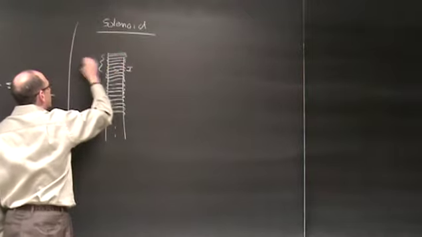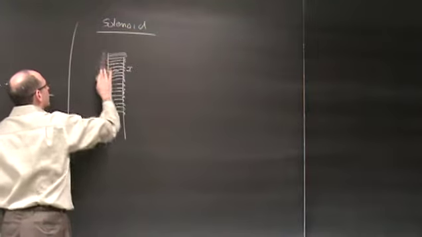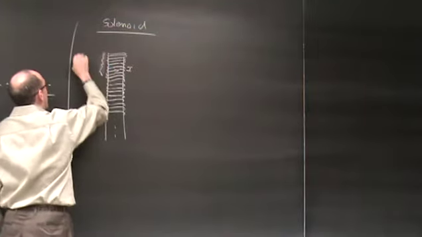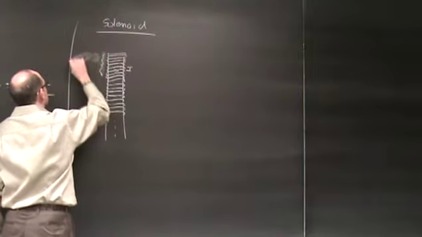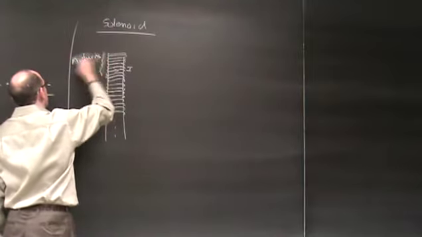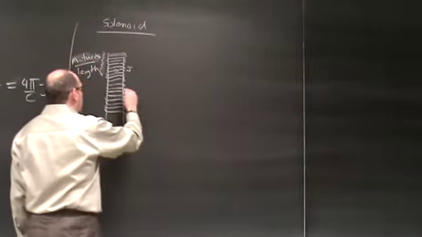It's meant to be uniform surface current. And there's n turns per unit length, right? So that is around this.